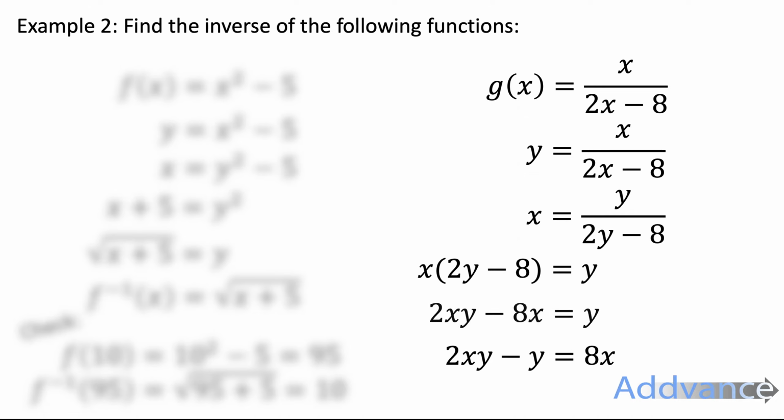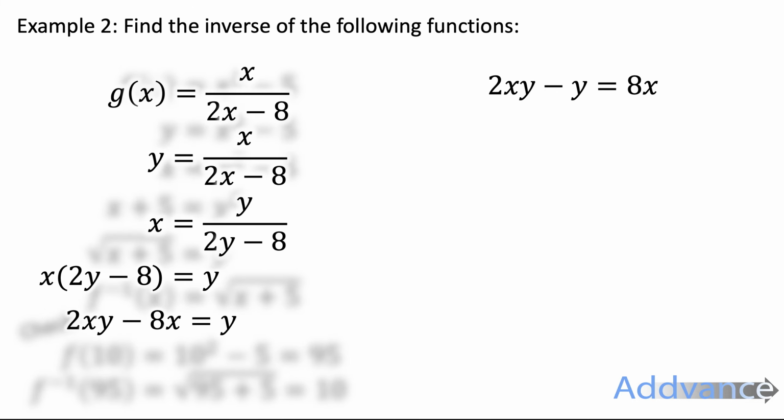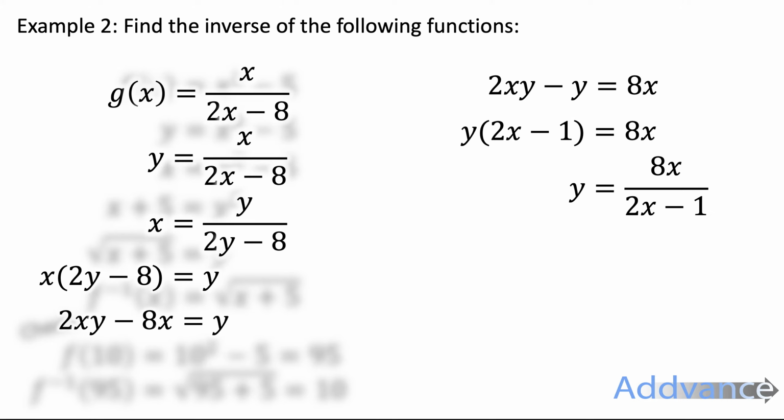And it looks like this. I factorize. And then I divide by 2x minus 1. Okay, and I've rearranged to make y the subject of that formula. All that leaves me to do is just write it as inverse of g equals 8x over 2x minus 1. And I have finished. I've found the inverse function.